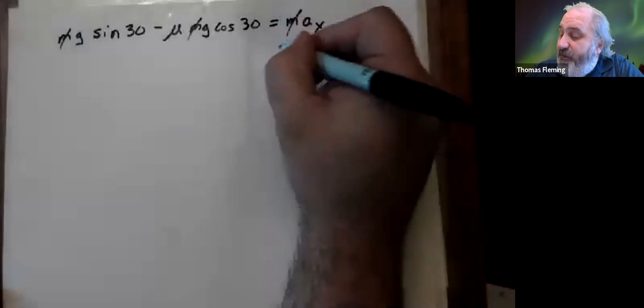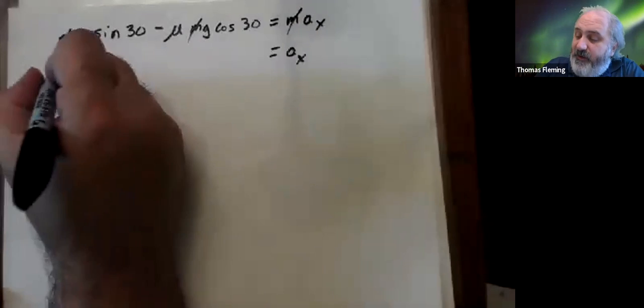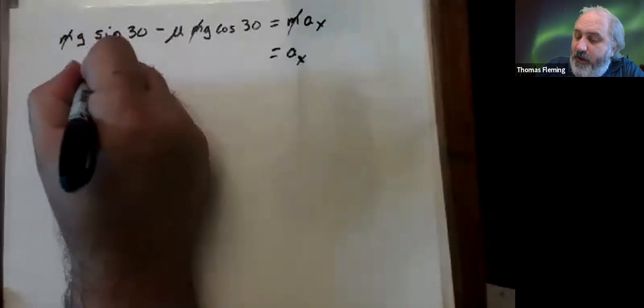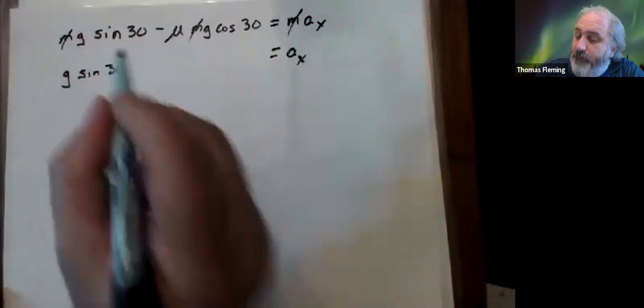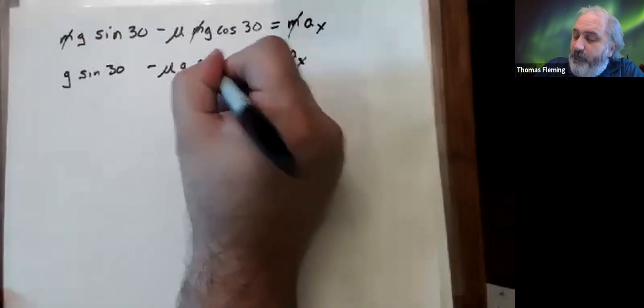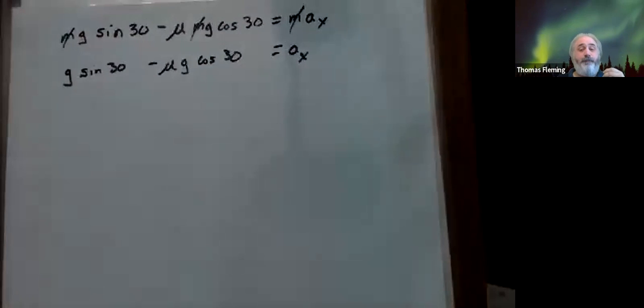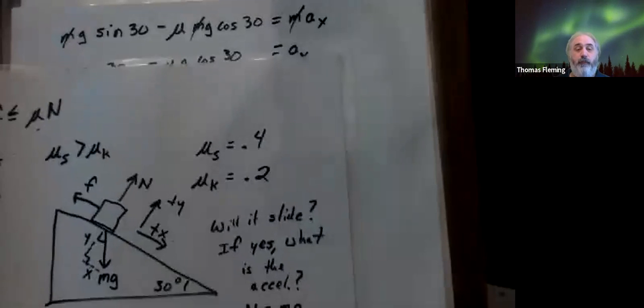So now you can see that my acceleration has been solved for. It's going to be g times the sine of 30 minus mu times g times the cosine of 30. Now, I got 2 different values for mu, right?